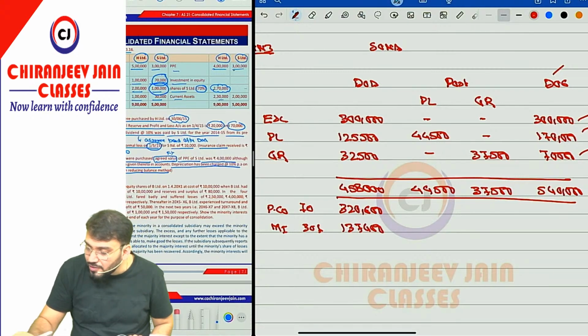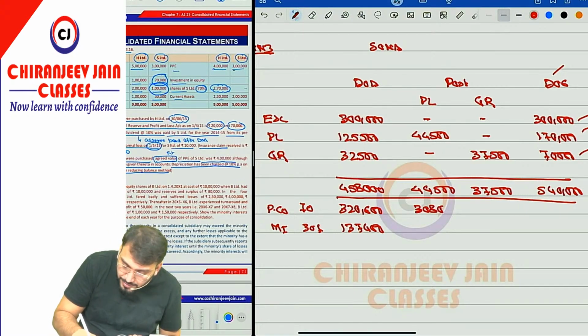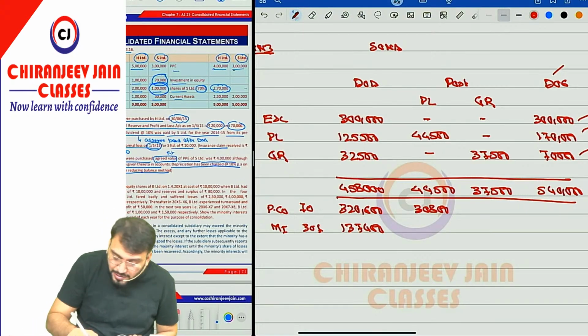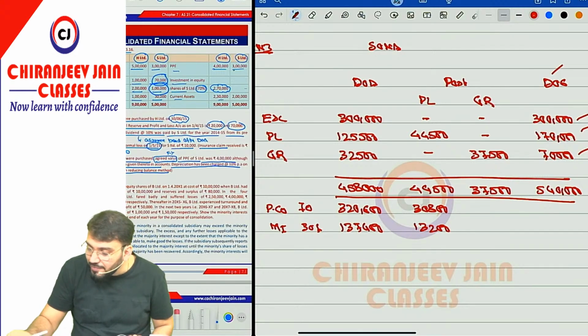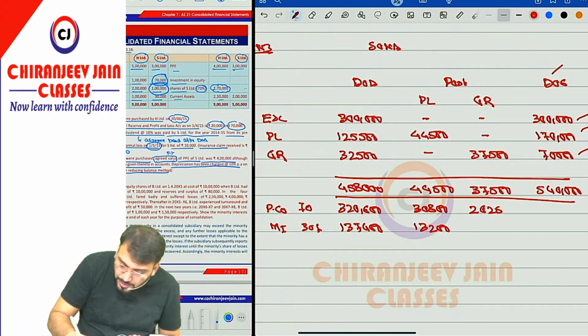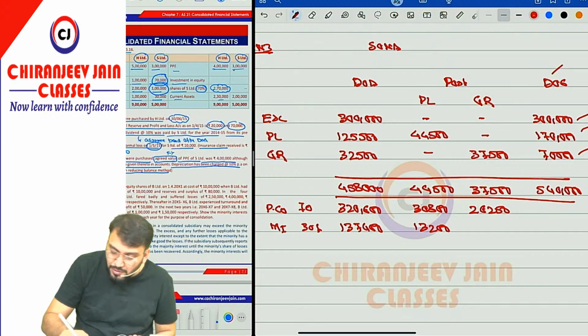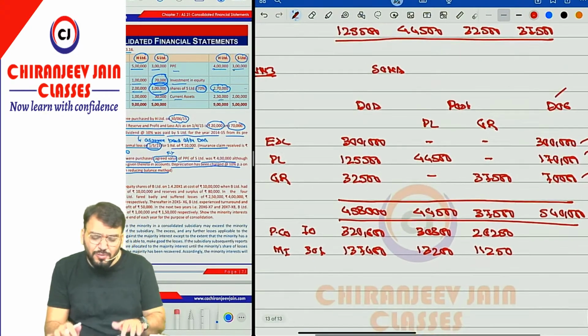Then 44,000 into 70% is how much? That is 30,800, minus equal to 13,200. Then 37,500 into 70% is how much? That is 26,250, minus equal to 11,250. Understood?